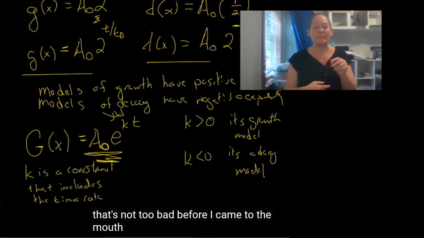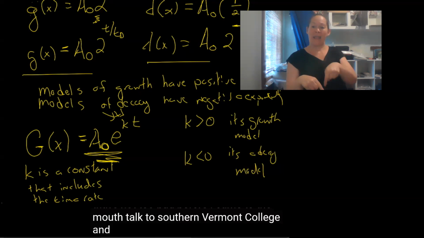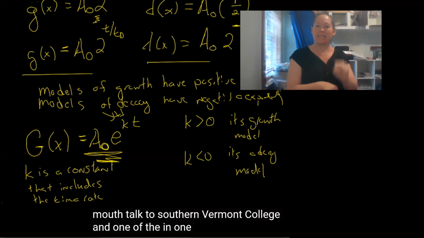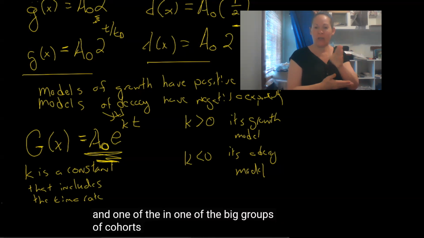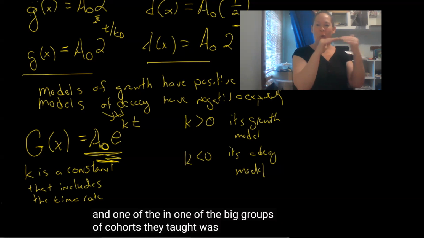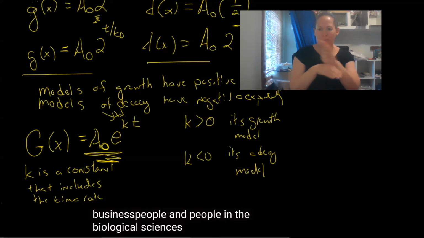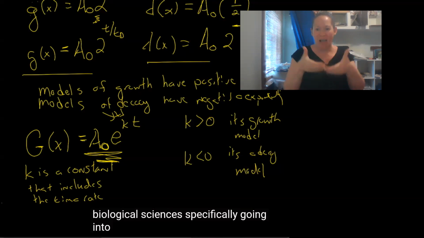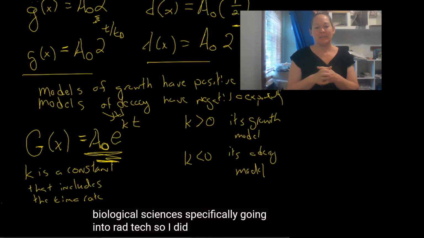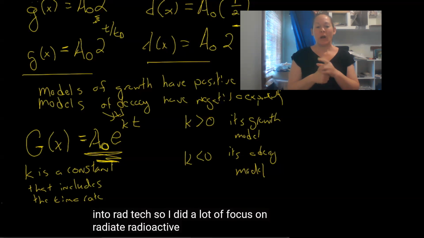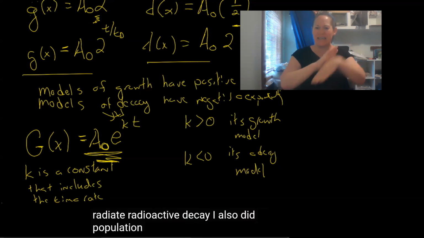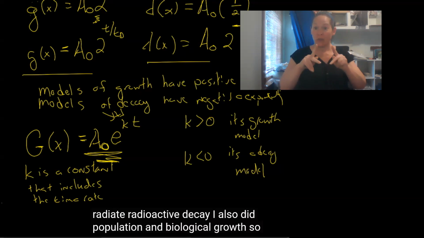Before I came to the Mount, I went to Southern Vermont College, and one of the big groups of cohorts they taught was business people and people in the biological sciences, specifically going into rad tech. So I did a lot of focus on radioactive decay. I also did population and biological growth.